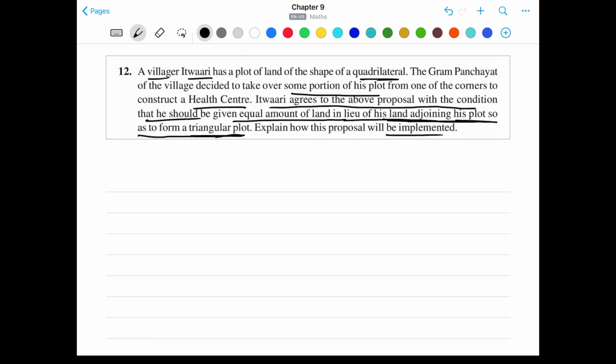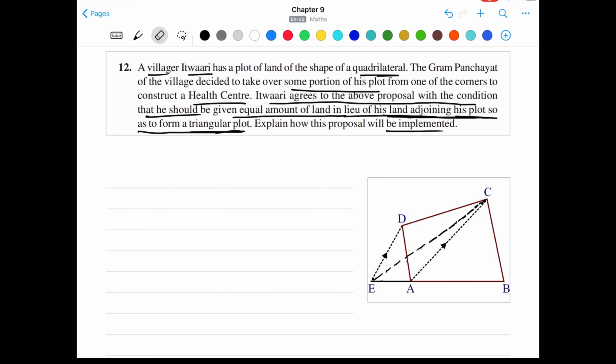First we are going to draw its figure. As you can see, the villager earlier had a plot of land in the shape of a quadrilateral ABCD, and this portion of his land is taken for constructing a health center, and in lieu of that this portion of land is given to him.